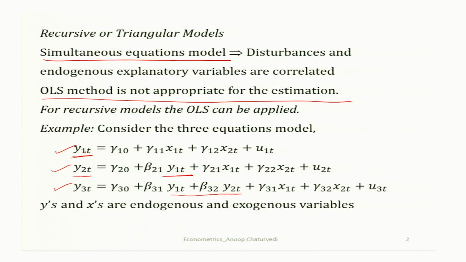Y 1 appears in the first equation, y 1 y 2 appear in the second equation, y 1 y 2 y 3 appear in the third equation. So, the endogenous variables are appearing recursively in different equations. So, this system of equations is also called recursive system of equations or recursive model.